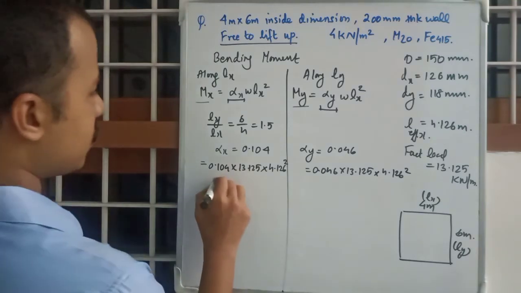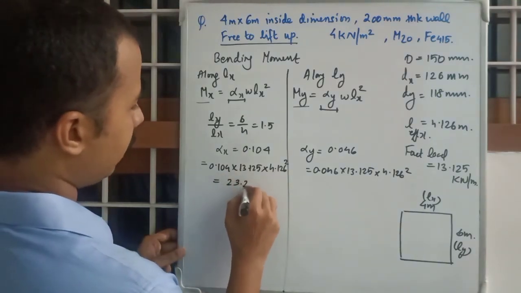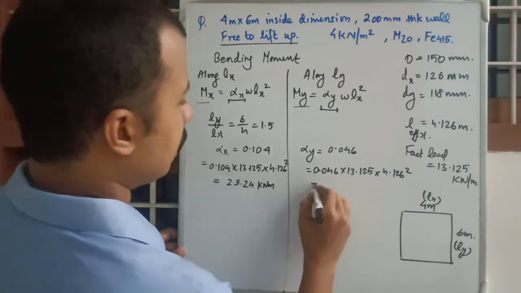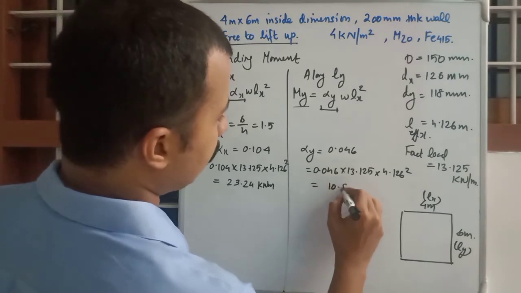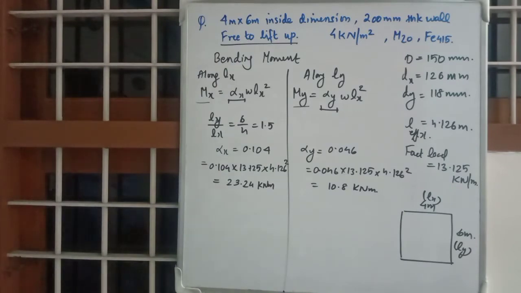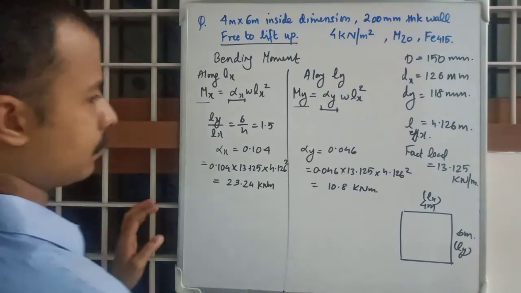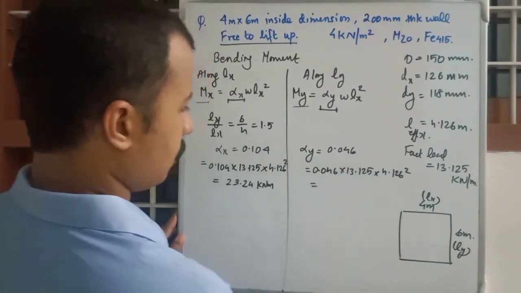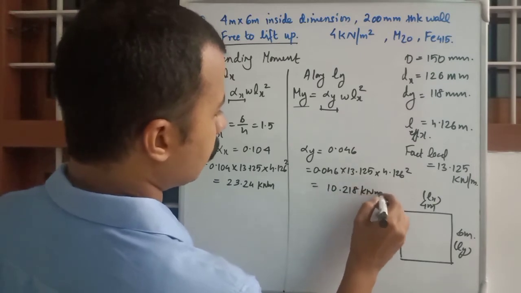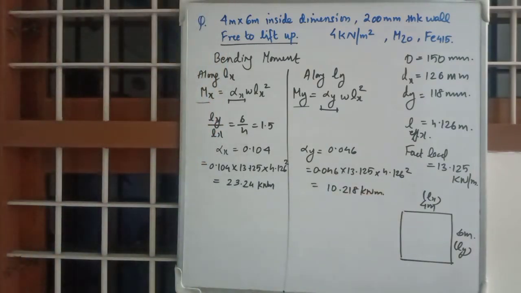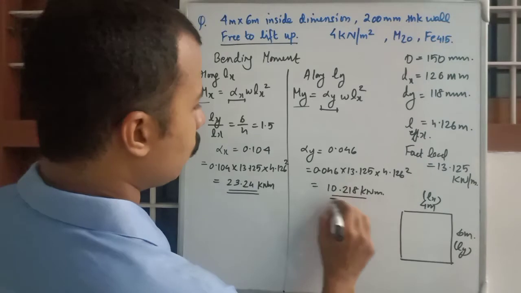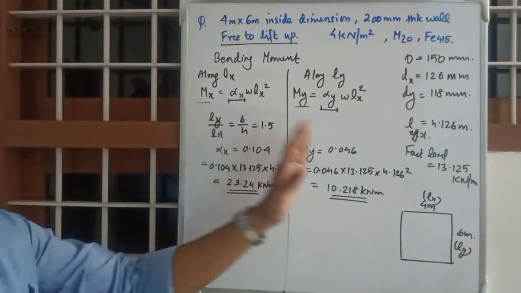Okay, we'll get the answers as 23.24 kilonewton meter and 10.8 kilonewton meter. So you have Mu values for each of Lx and Ly.